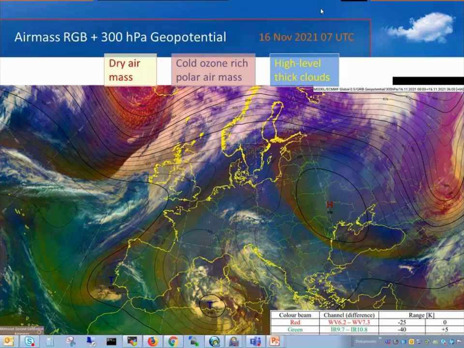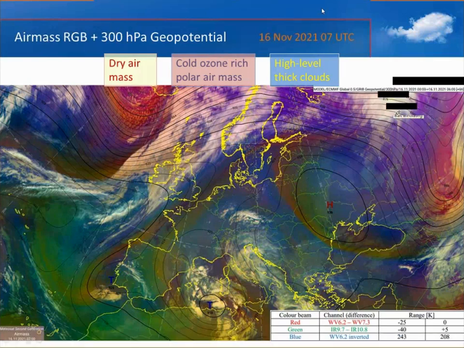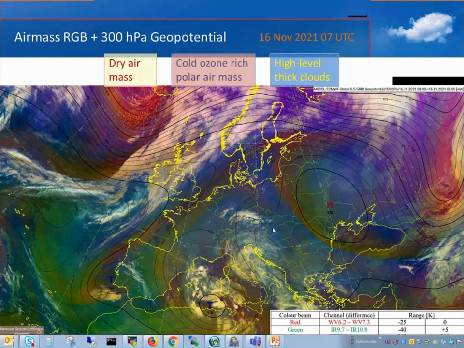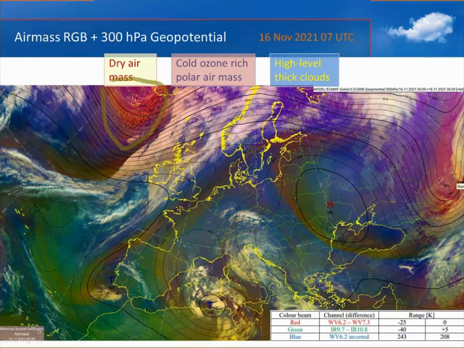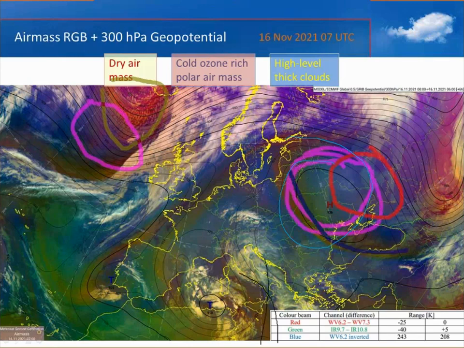Annotation should work, I think. Yes. Okay, so find dry air masses on this picture. So we have trough over there and here. Yes. Okay. Thank you. That's fine.